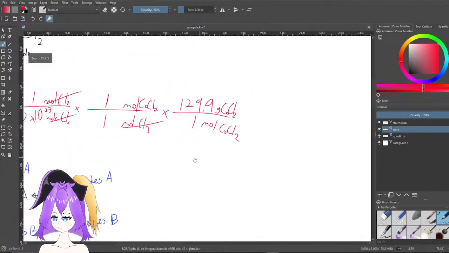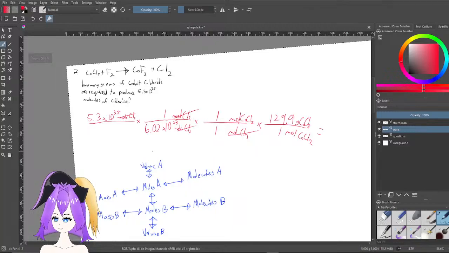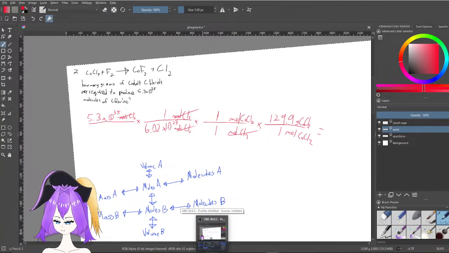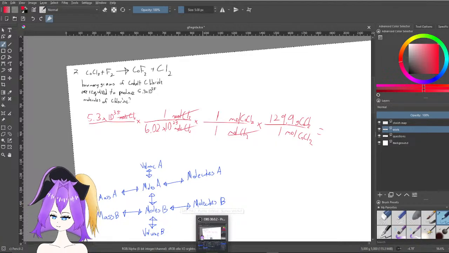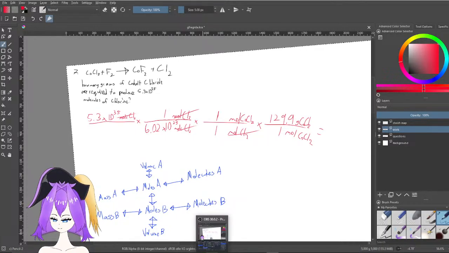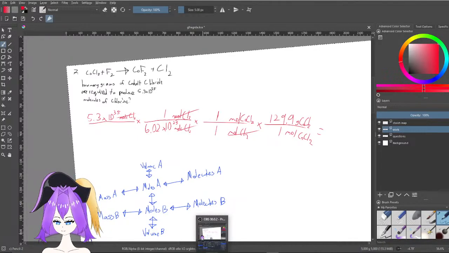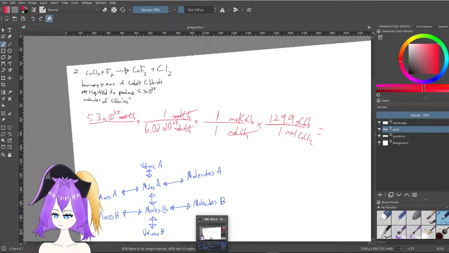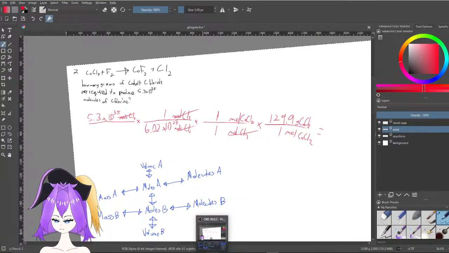So here, what we're going to do is we're just going to go across. 5.3 times 10 to the 35th divided by 6.02 times 10 to the 23rd. And then we multiply that by 129.9.